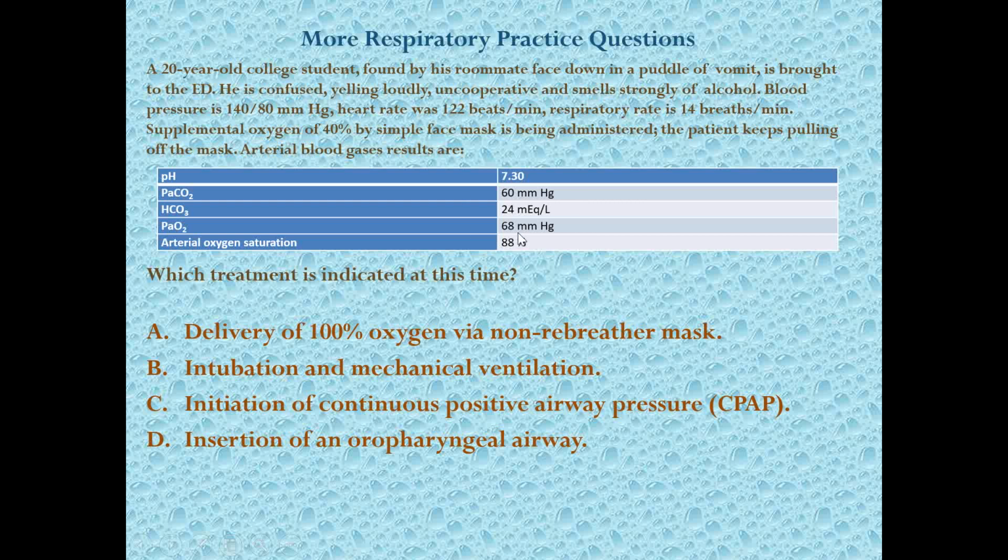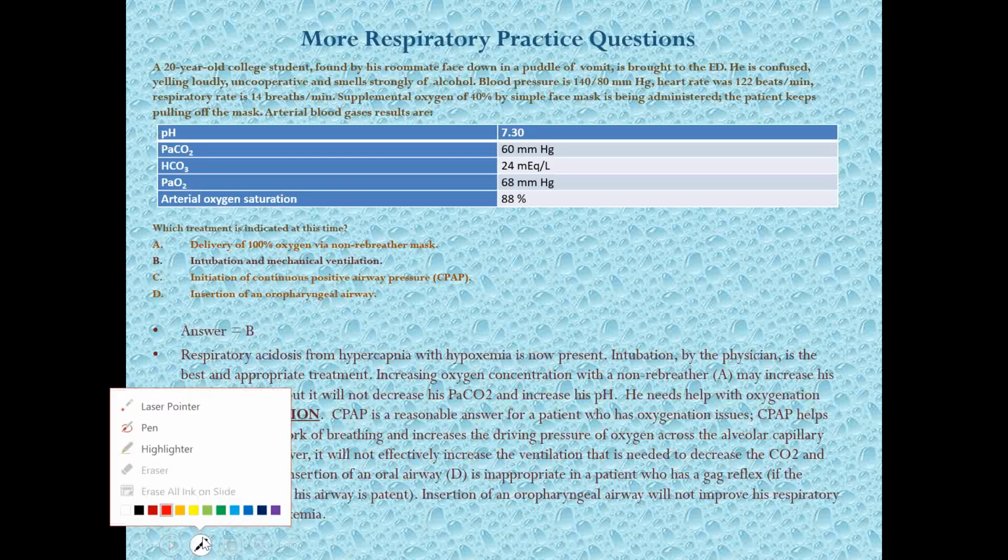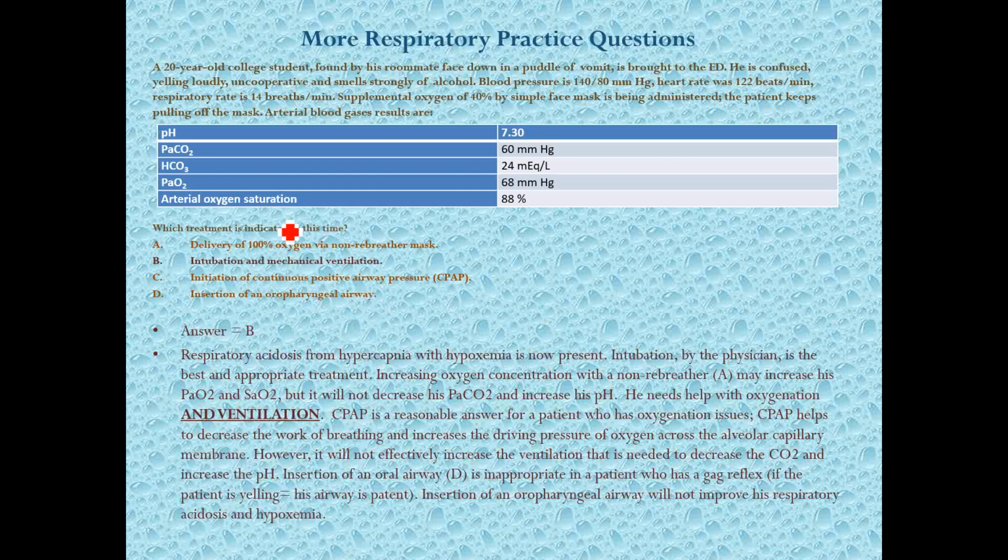So what do you think is the treatment? The answer is intubation and mechanical ventilation. Now, a lot of students will ask, why can't you deliver O2? The O2 is down. If you delivered O2, that would certainly help the low O2 levels that this patient has experienced.